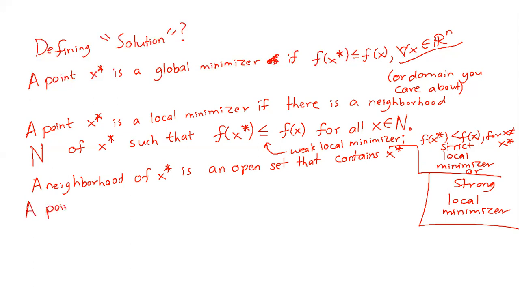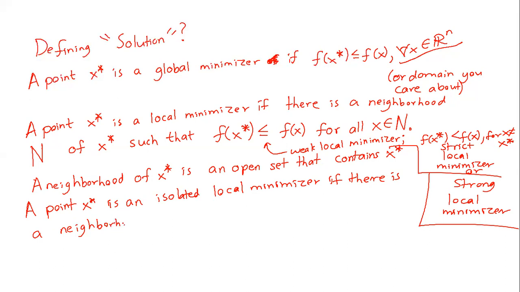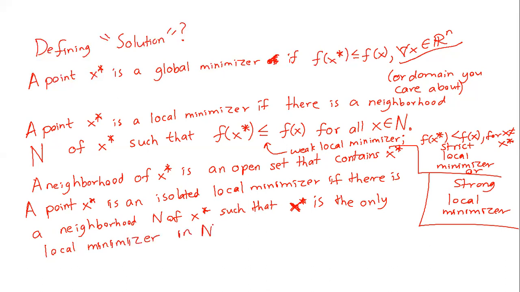A point x star is an isolated local minimizer if there is a neighborhood N of x star such that x star is the only local minimizer in N.